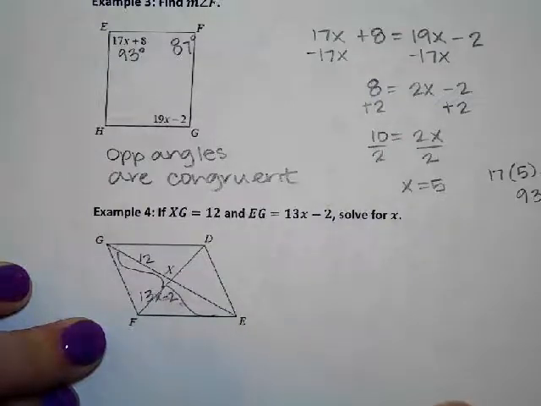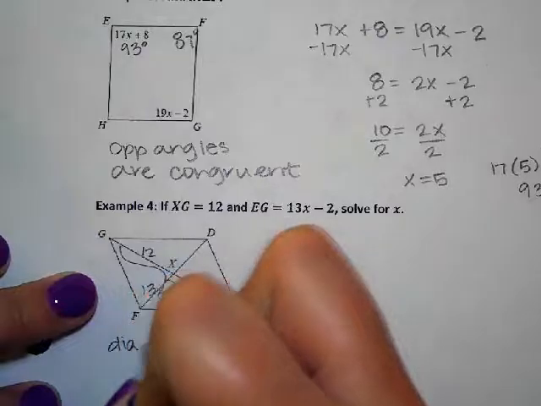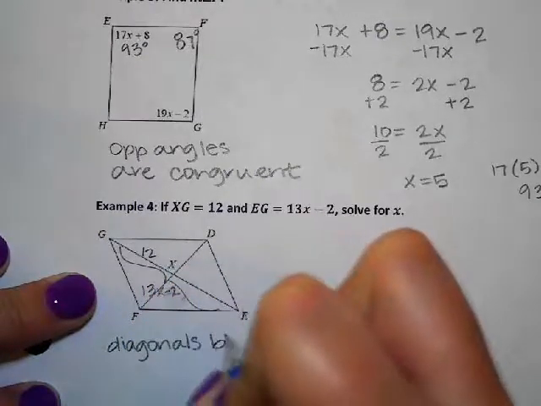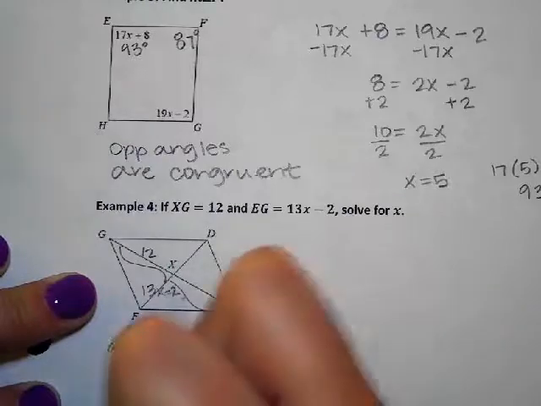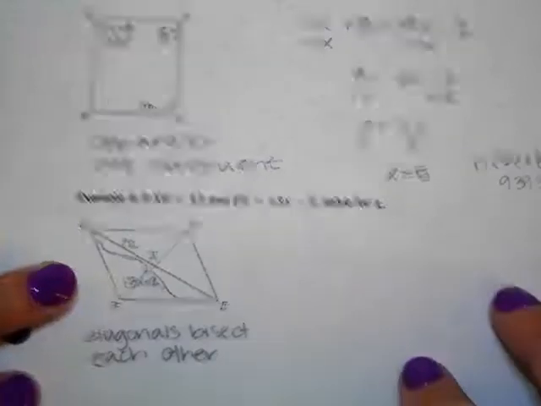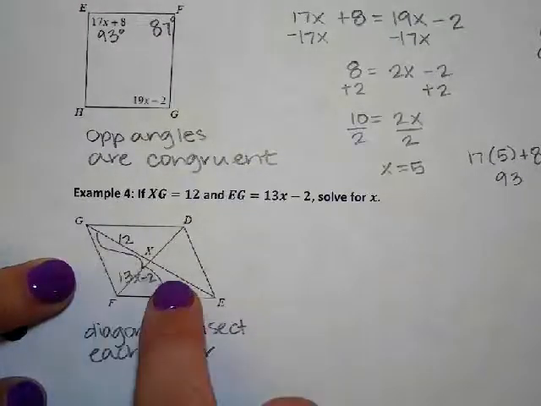Diagonals bisect each other. Right, diagonals bisect each other. Okay, so if this side is 12, what's this side going to be? 12, because that's what bisect means.